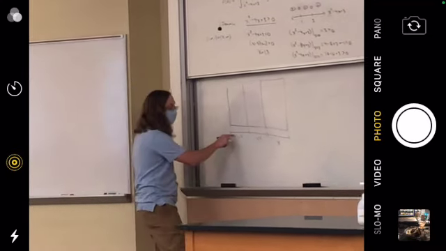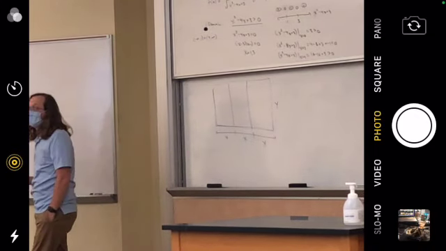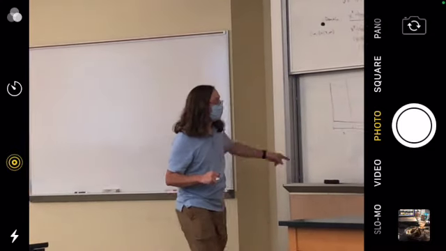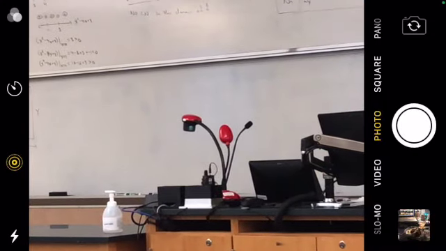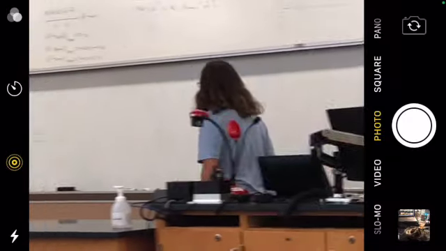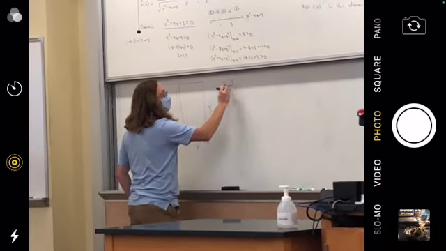It means they have a base of X and some height Y, right? And then the goal is, how do I choose X and Y so I have the biggest area? So my goal is to maximize the area.